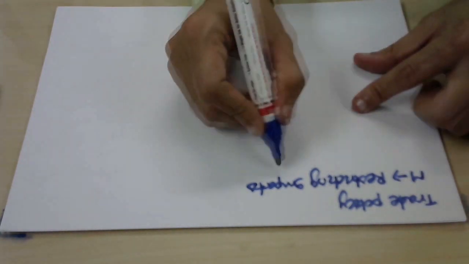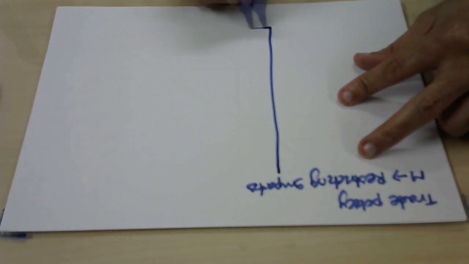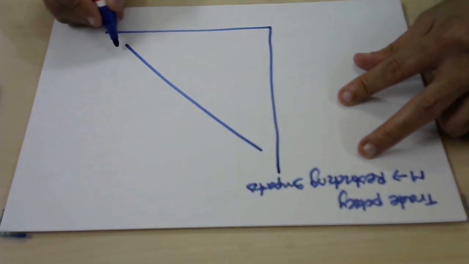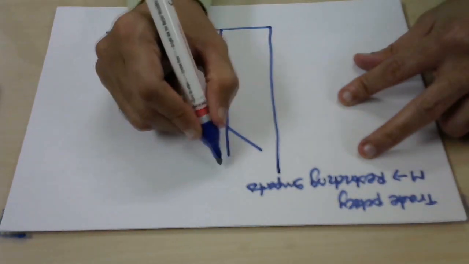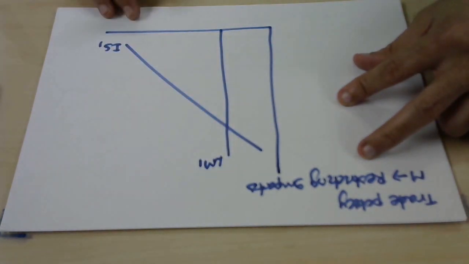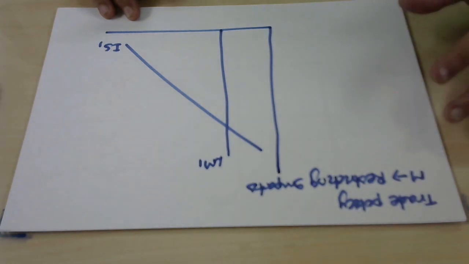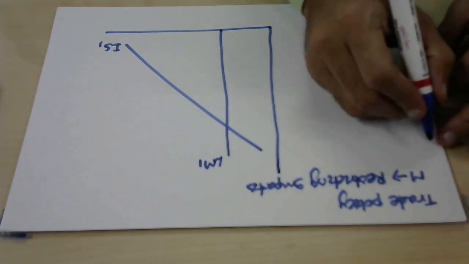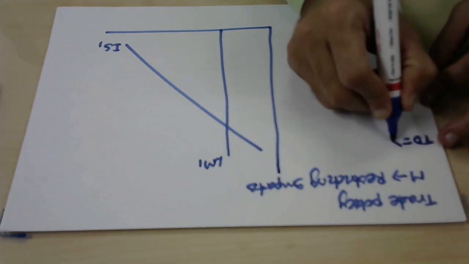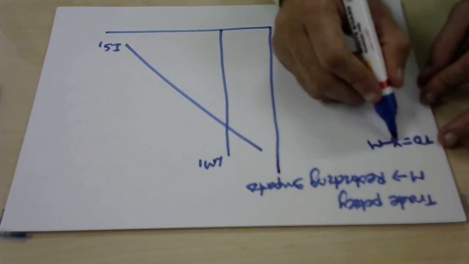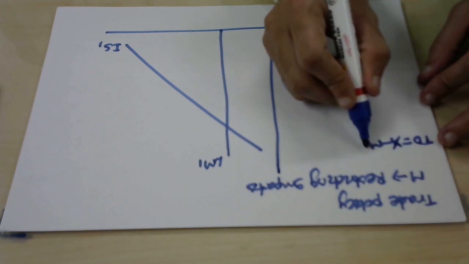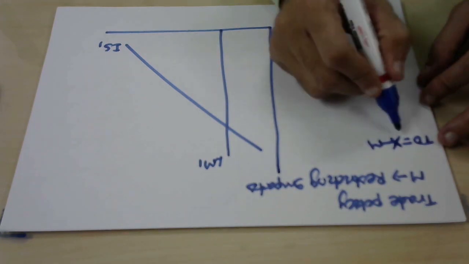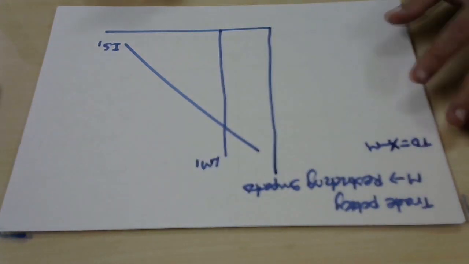Initially the economy was having an IS curve of IS1 and an LM curve of LM1. The trade deficit is equal to exports minus imports. So they are saying we are not able to do much about exports, so why not restrict imports, so that the trade deficit is reduced.